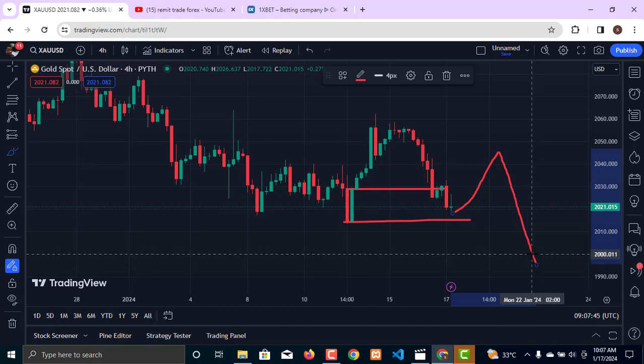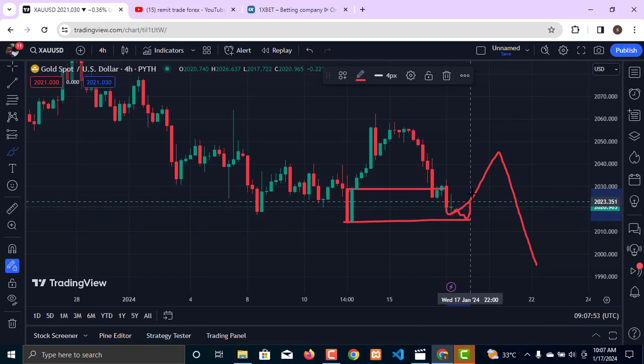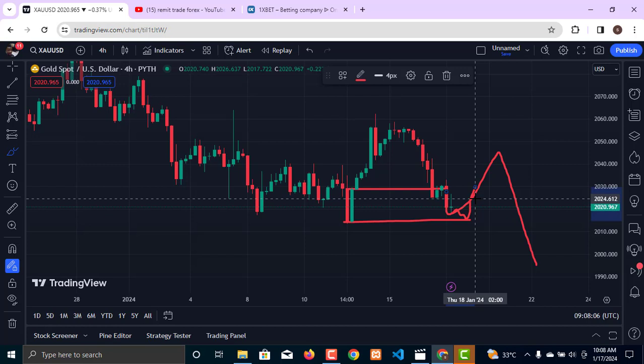And if you are a counter-trend trader and you want to buy the market, then you have to wait for the market to show us that significant move upward before you can take advantage of that short move to the upside for a buy. And you have to do it in line with your strategy, because counter-trend positioning is only for professionals. So this is what I am expecting right now on the gold chart, the XAUUSD chart, at this very point.